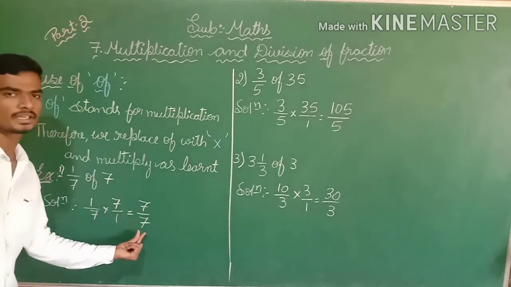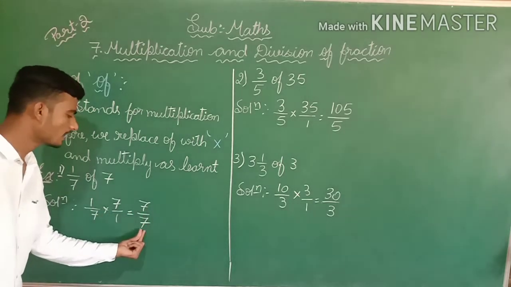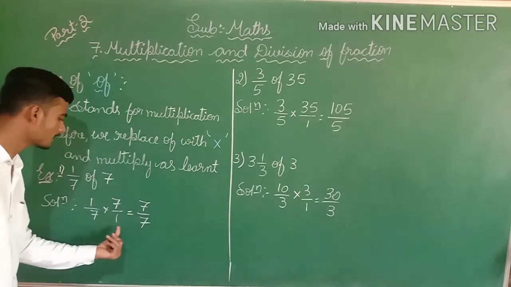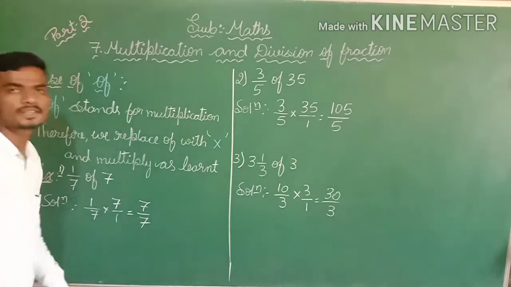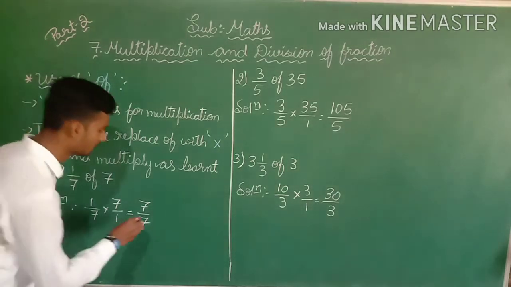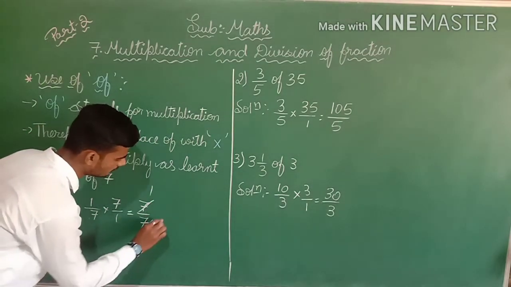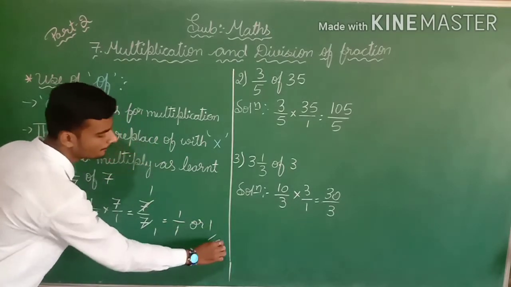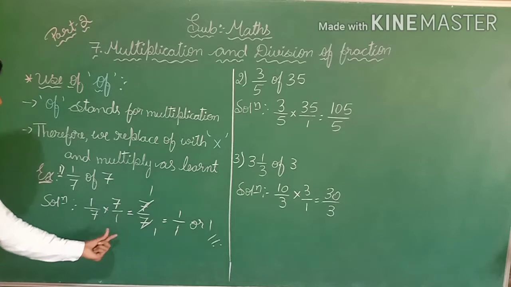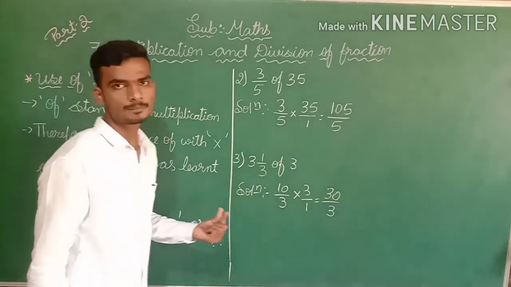Then at the denominator part also we will get 7. 7 ones are 7, 1 sevens are 7. Then you can reduce this into the simplest form. Easy. See here, 7 ones are 7, 7 sevens are 1, so 1 by 1, or you can write 1. Both are right. In this way, you have to solve the problems.